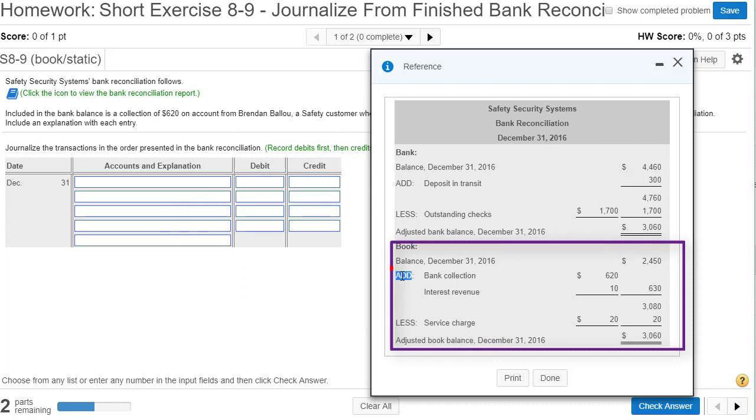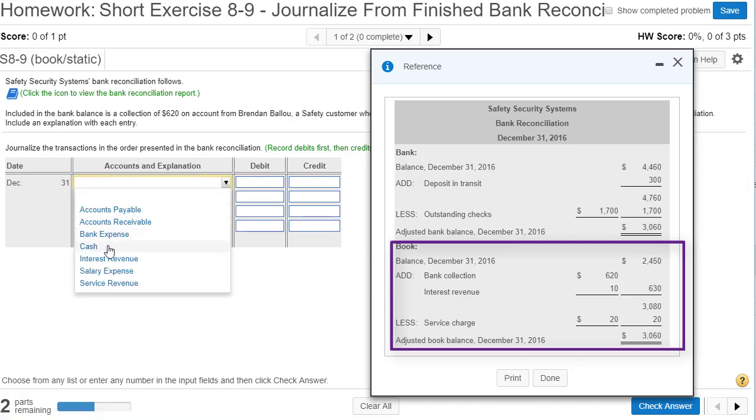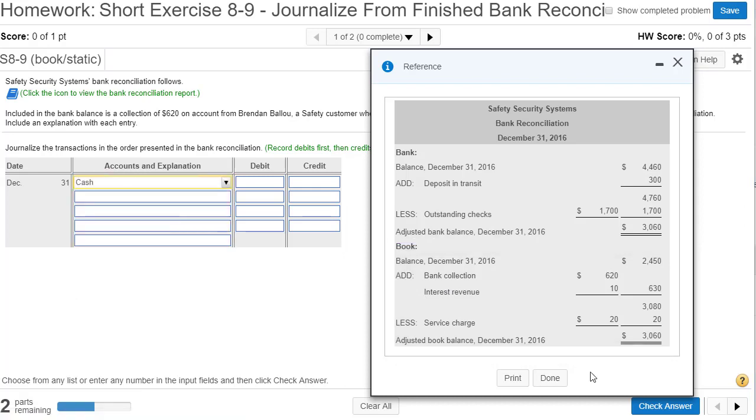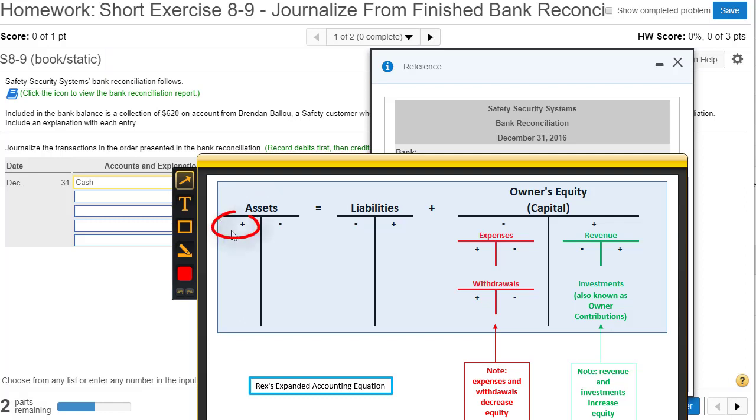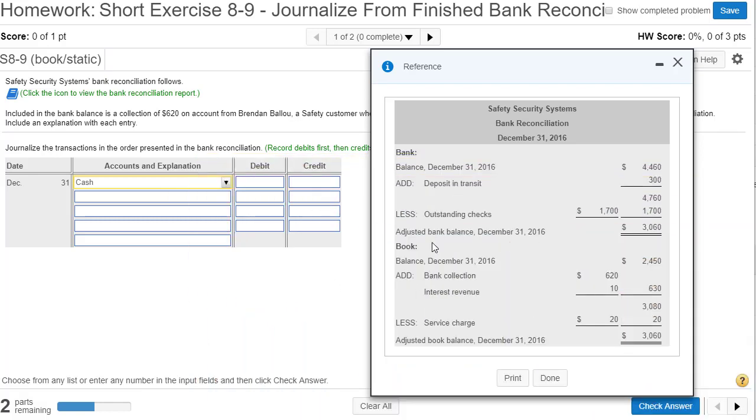And notice the first part we're doing is addition. So these two transactions here made our cash account go up. So cash is increasing. And of course, if you forgot, cash is an asset and it increases on the debit side by $620.